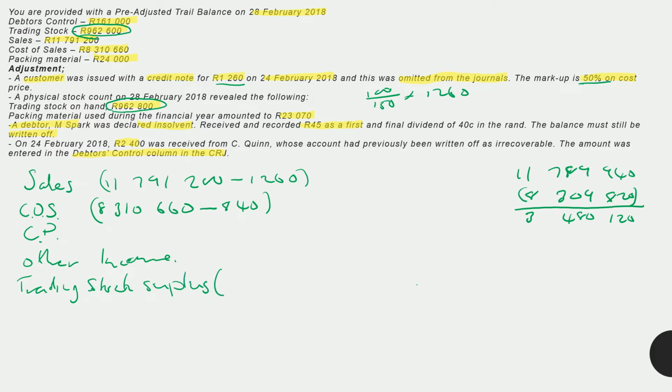That's 962,800 minus 962,600, which gives you a surplus of 200.